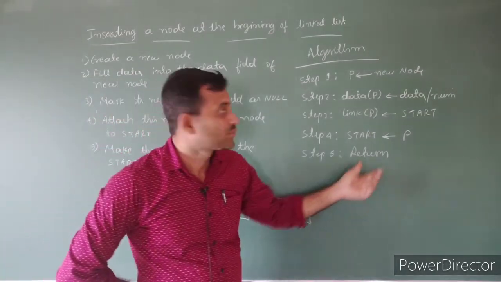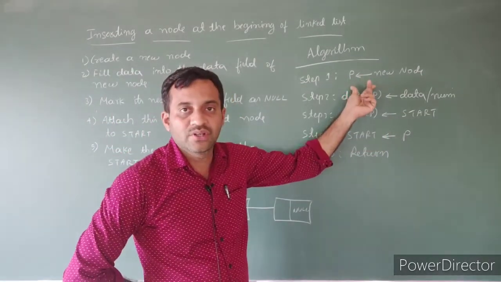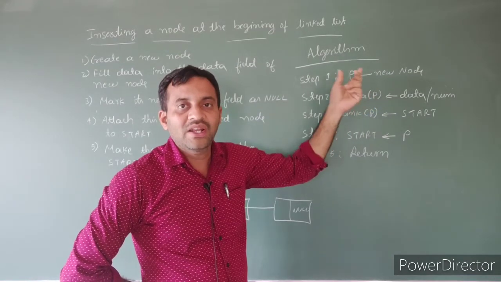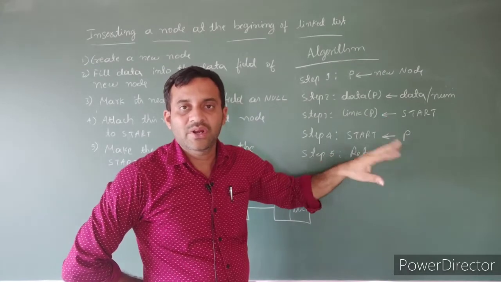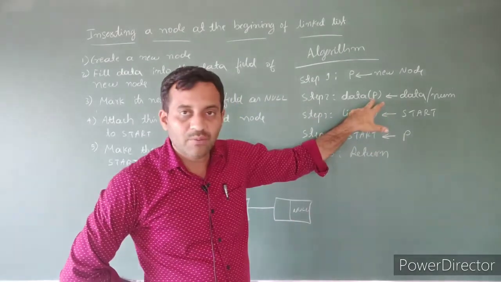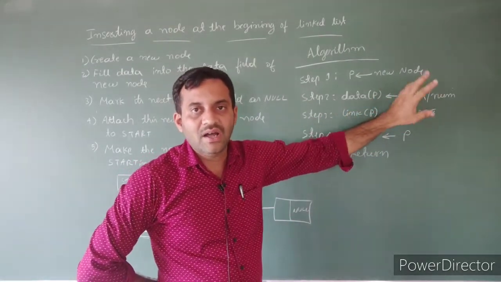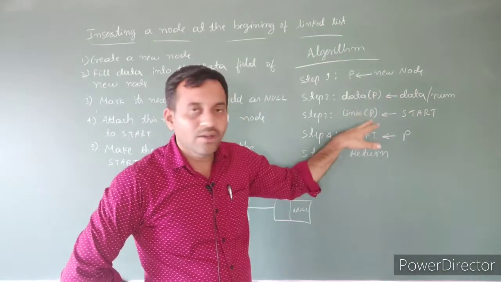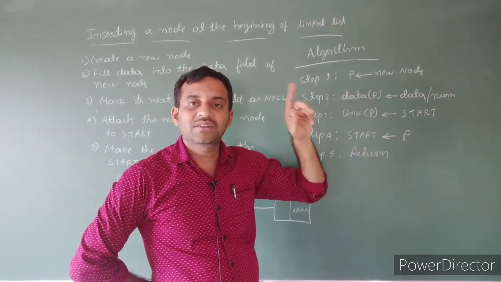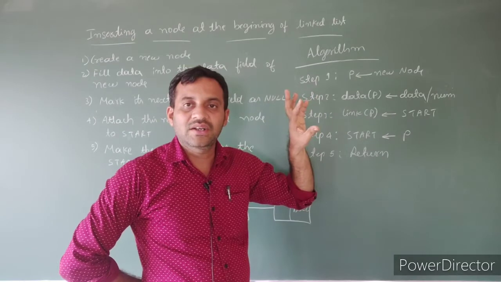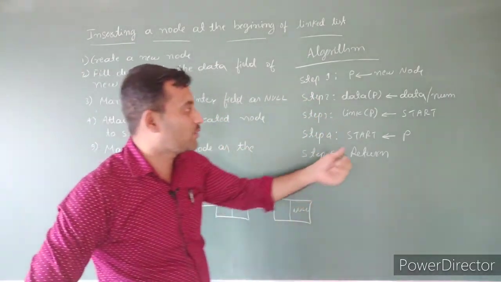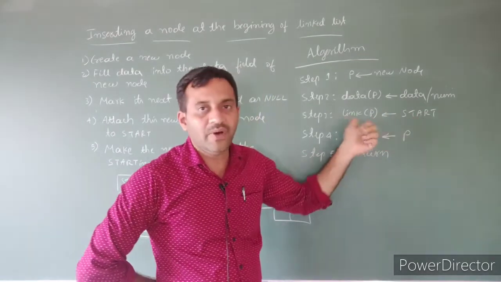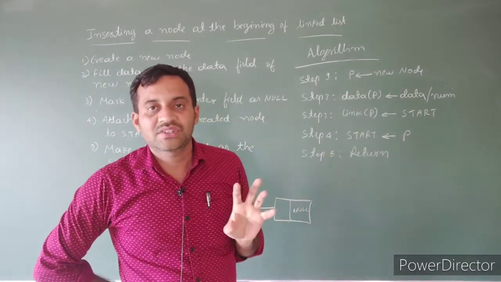What have we done here? First we create a node. Here the node is P. While creating P, both the data part and link part are empty. For the data part, we assign the number or value. For the link part, we store the address of the first node, but the address of the first node is in the starting pointer, hence we have to assign the starting pointer to the link part. We know the operations on pointers.